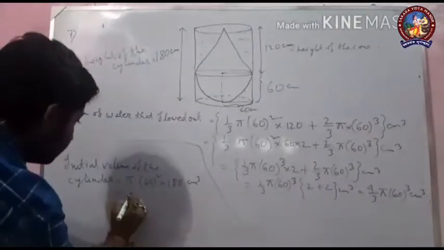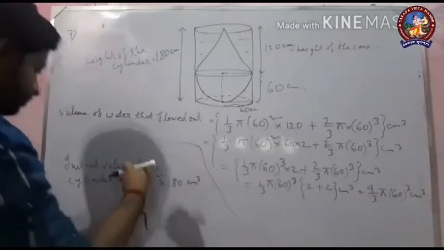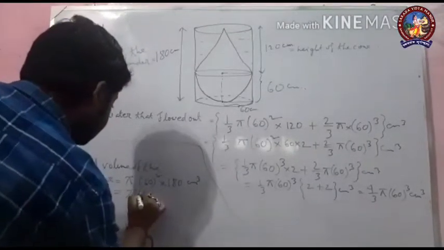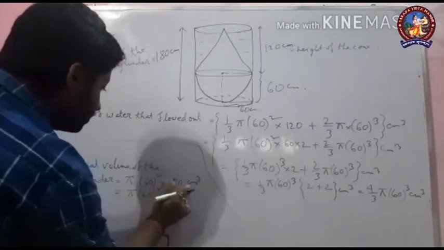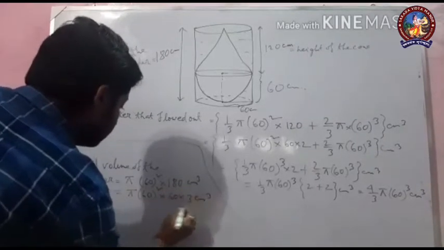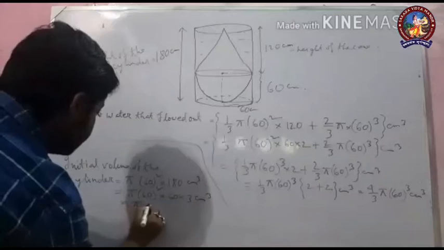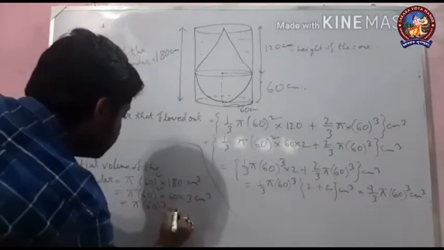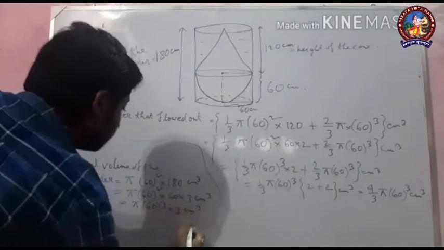That will be pi 60 square, break this 180 into 60 into 3 centimeter cube, that is pi into 60 cube into 3 centimeter cube.